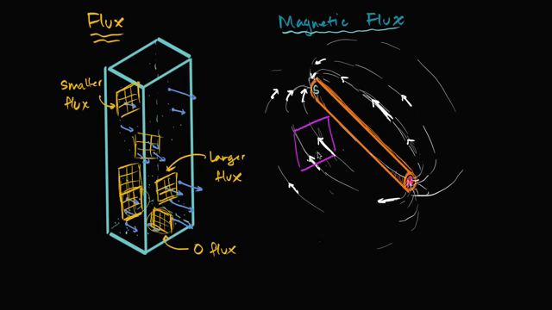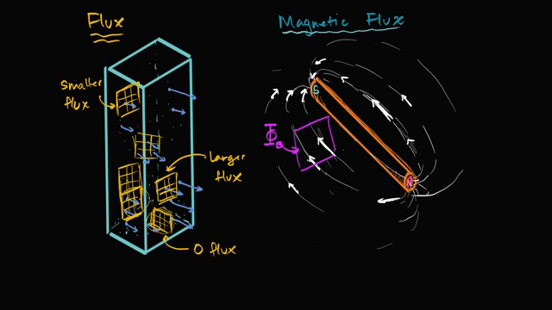We care about the component of the magnetic field and the density of the magnetic field that is normal to this surface. So let's say that this has a given flux. Let's call that, and the notation is phi, and I'll say that's the flux of the magnetic field.